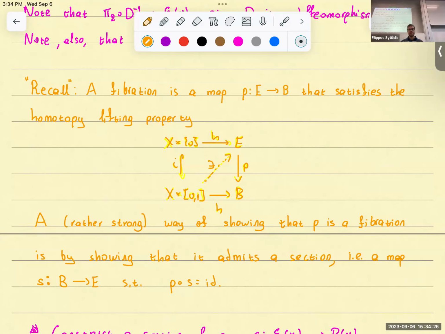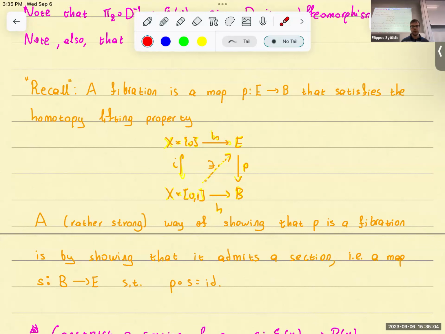That's what this homotopy lifting property is, and then the definition is that a fibration is a map that satisfies the homotopy lifting property with respect to any topological space X. You can also make weaker notions.